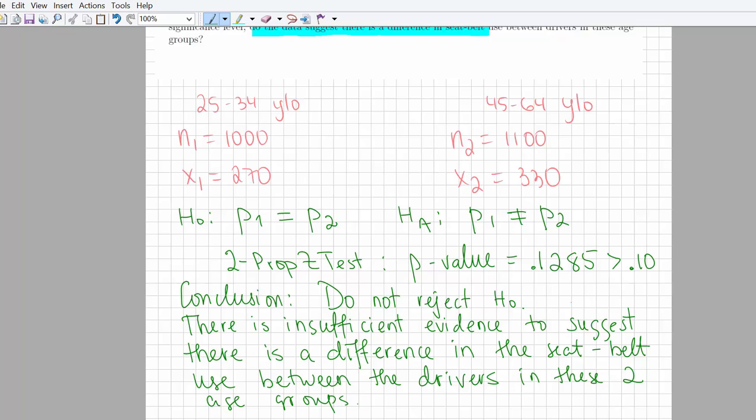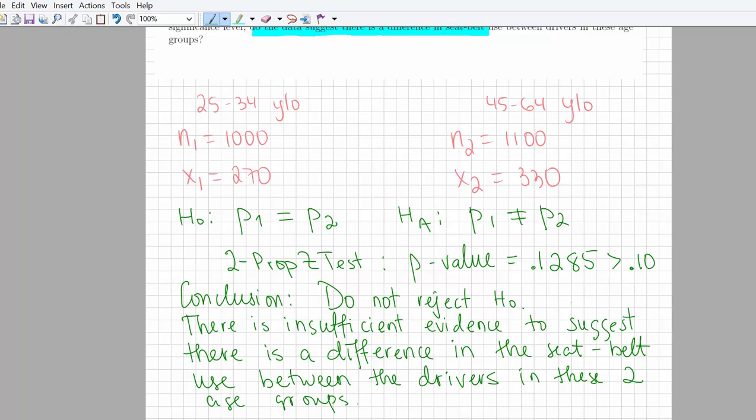All right, so that is your conclusion. Remember, your conclusion should always be in a complete sentence that makes sense to somebody, let's say from outside of the statistics class. If they can read your final punchline and understand what happened, then you did good.